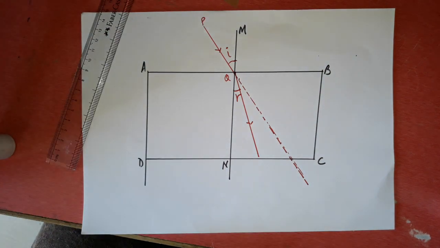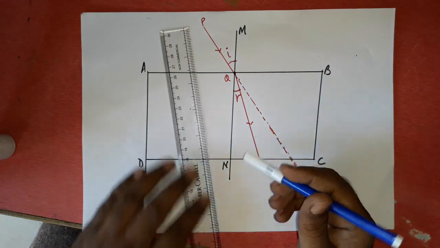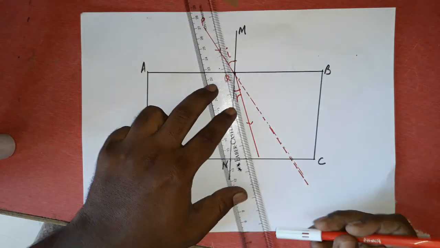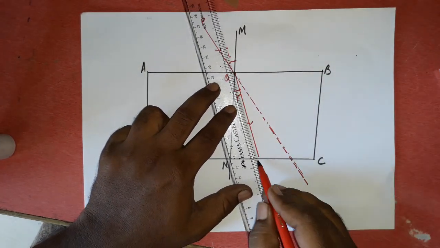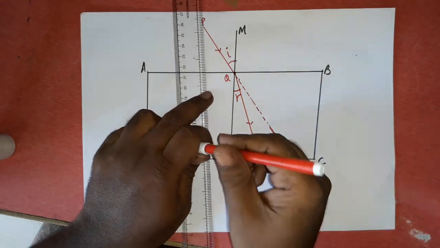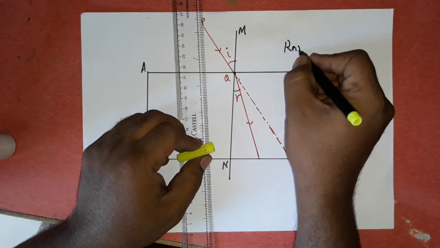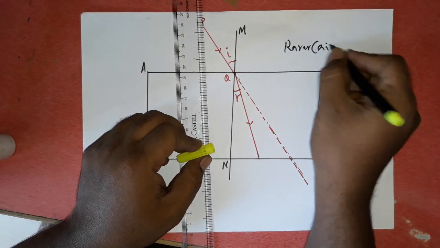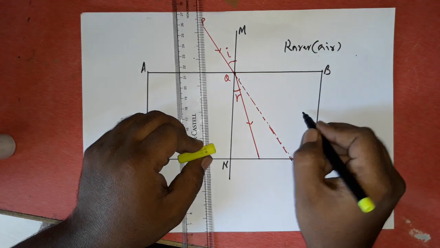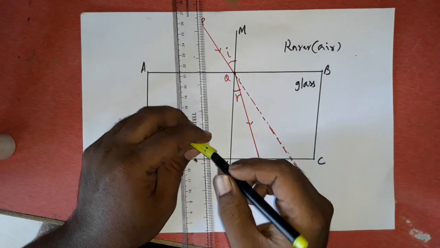Now after striking this surface here, it will again move from denser to rarer medium. This medium is the rarer medium, it is air, and this is glass, the denser medium.